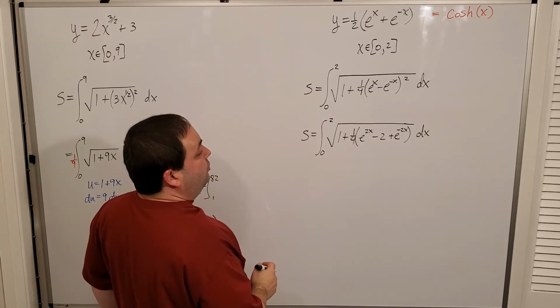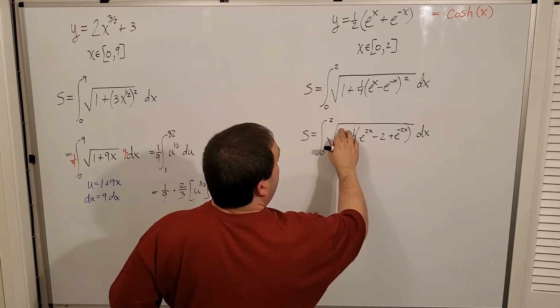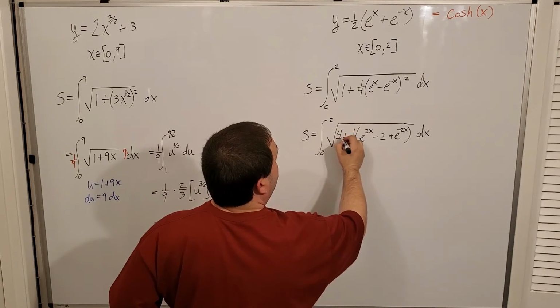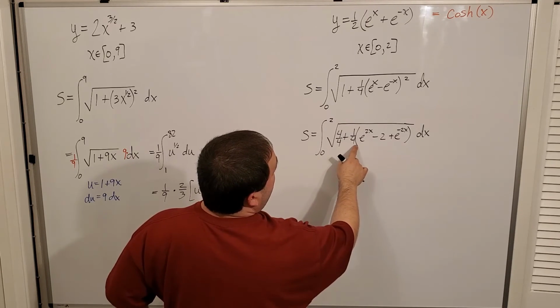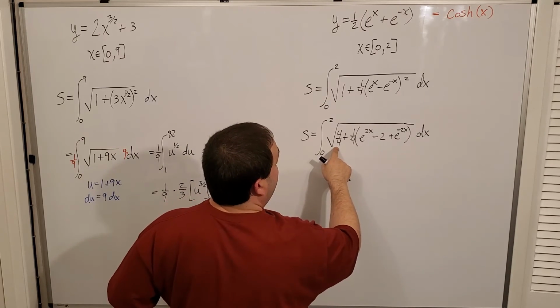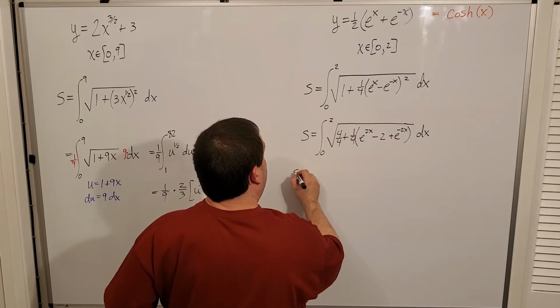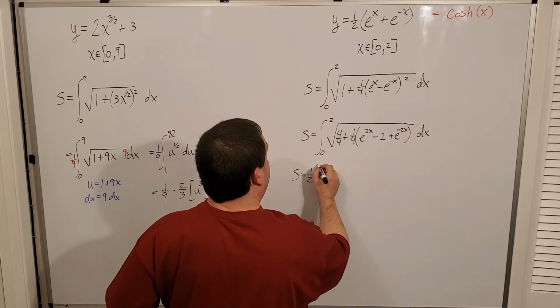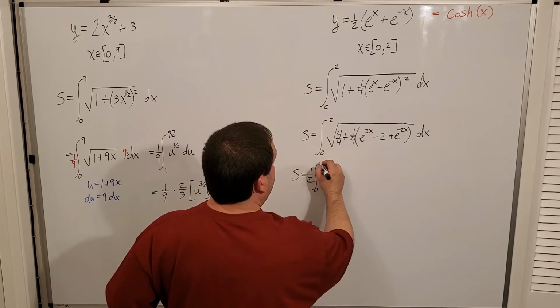So what I'm going to do now is I'm going to rewrite this 1 here as 4 over 4. And the reason I'm going to do that is because I'm actually going to factor out the 1/4 here. It's in a square root, so when I factor out the 1/4, that's going to give me a 1/2. Integral from 0 to 2.